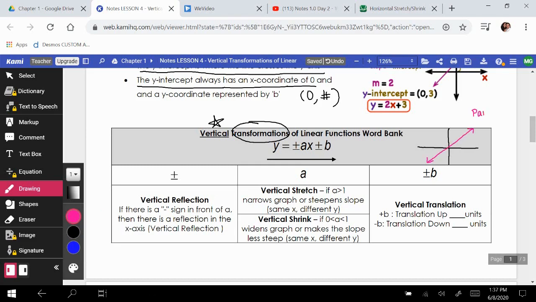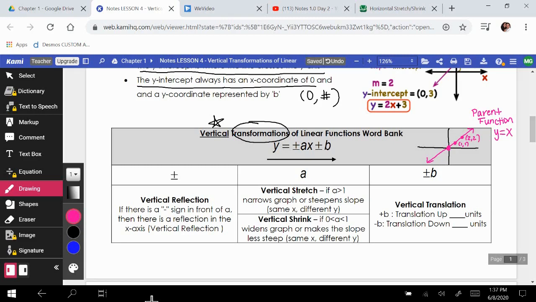Again, this is called the parent function. It's the most basic linear function, and the parent function is y equals x. Y equals x is the most basic parent function because we start at the origin and it's got a slope of 1. Up 1 over 1, so that's the point 1, 1. Up 1 over 1, that's the point 2, 2, etc.